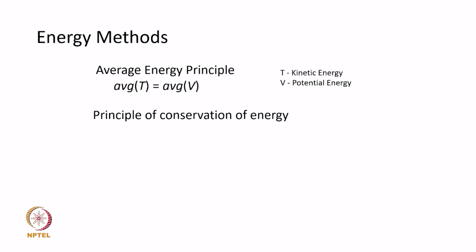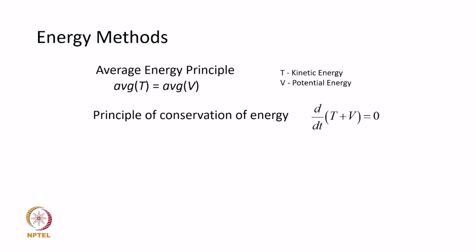The other method is the principle of conservation of energy, wherein the total energy of the system is constant, or alternatively put, the time derivative of the total energy of the system is equal to 0.